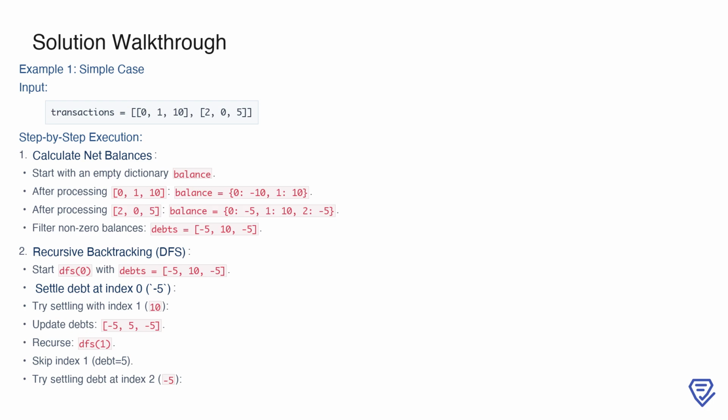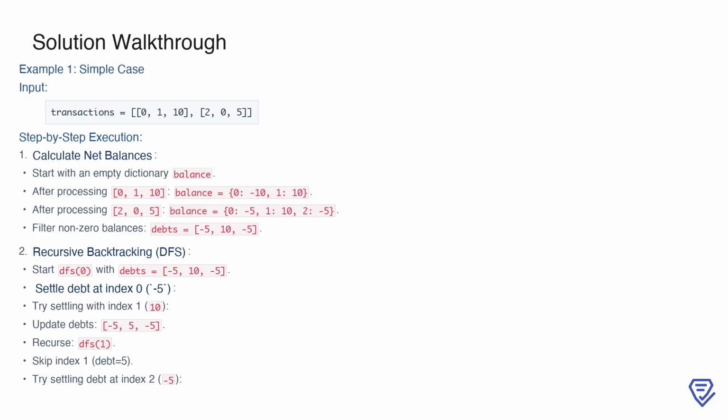Next, we process the transaction [2, 0, 5], where person 2 owes $5 to person 0. Adjusting the balances, we get 0: -5, 1: 10, 2: -5. Finally, we filter out anyone with a 0 balance, leaving us with the debts array [-5, 10, -5].